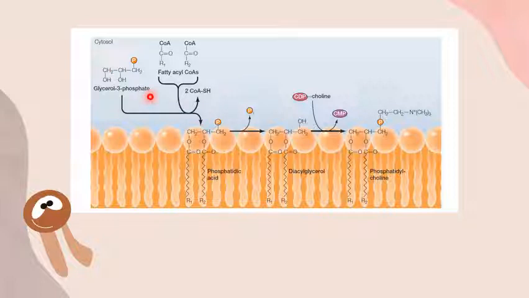Two fatty acids linked to coenzyme A carriers are first joined to the glycerol, yielding phosphatidic acid, which will be inserted into the membrane. Phosphatase then converts this phosphatidic acid to diacylglycerol, which is converted to phosphatidylcholine by addition of the polar phosphocholine head group.